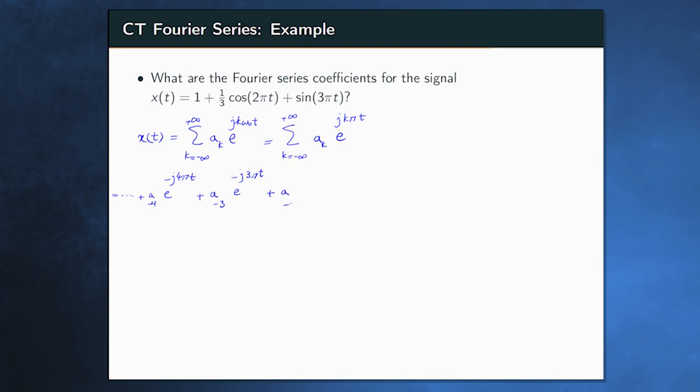For k equal to negative 2, a_{-2} e to the minus j 2 pi t, plus a_{-1} e to the minus j pi t, plus a_0 e to the j 0 pi t, plus a_1 e to the j pi t plus a_2 e to the j 2 pi t plus a_3 e to the j 3 pi t plus all other components.